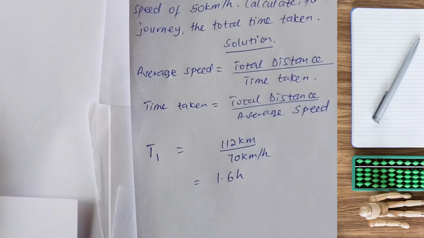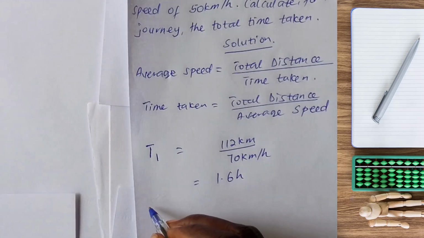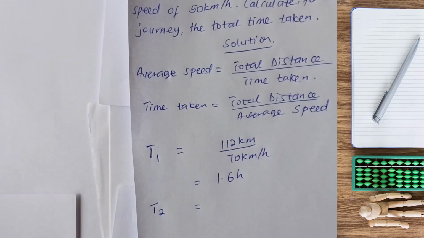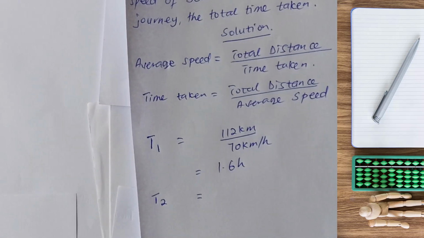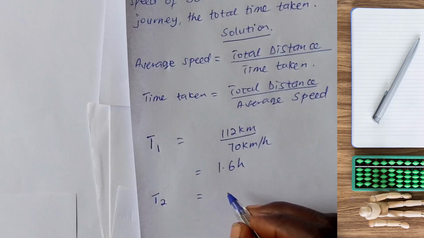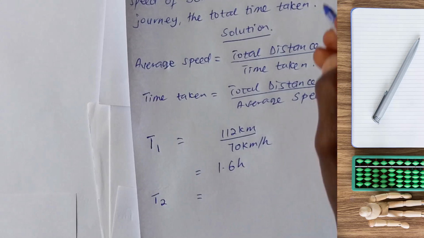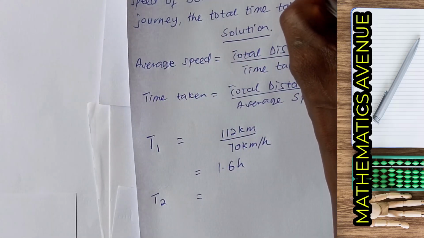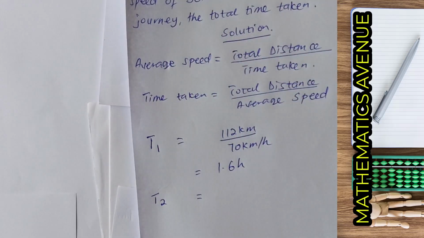Let's go ahead and find time 2. That is for the second part of the journey. For the second part of the journey, it then travels further for 60 kilometers.